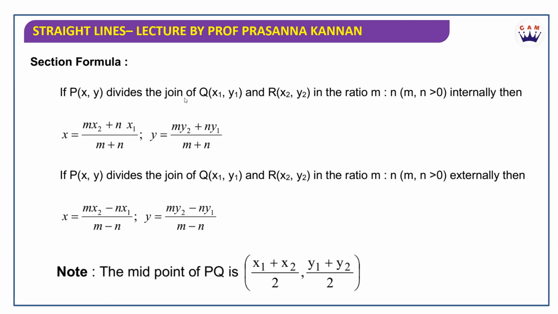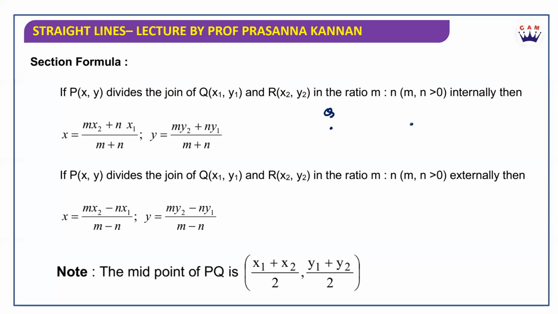If a point divides the line joining 2 points in a particular ratio internally, then the coordinates of the point which divides the line joining these 2 points is given by this formula, right? I think this is something which you have learned. Have you learned this in your 10th standard, students? Yes, sir. Yes.